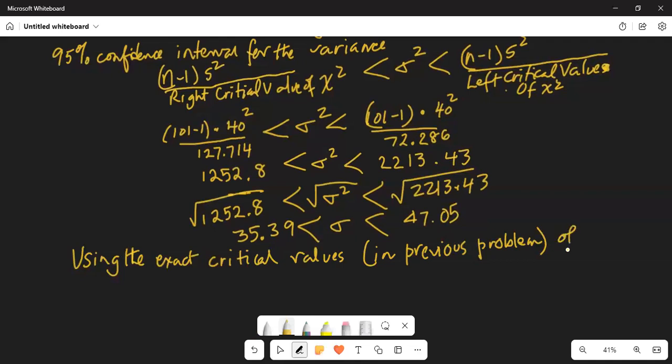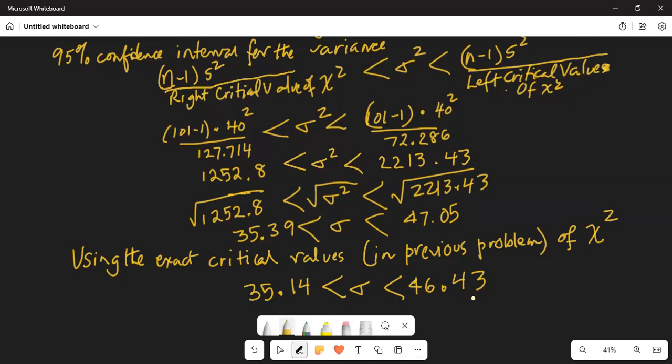Using exact critical values of chi-square, the interval was 35.14 less than sigma less than 46.43. Notice the left boundaries are pretty close, 35.39 in one case, 35.14 in the other. The right boundary in this approximation by normal distribution is 47.05, and previously with the exact value it is 46.43. They are not too far apart.